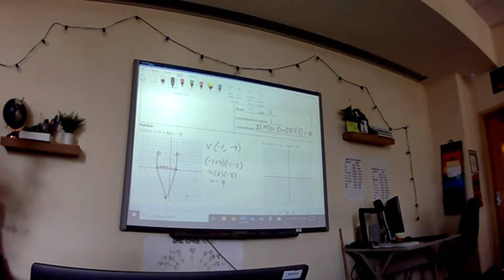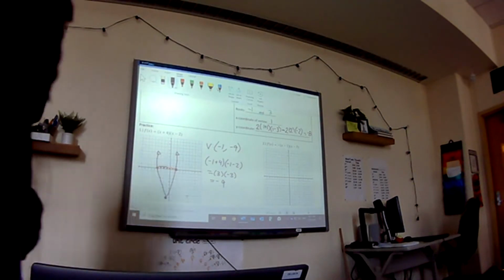Oh, I just meant, in this case, it happened to be 2 because these two points are 4 apart. But the vertex is always gonna be exactly between the two points. You know what I mean? So in your case, since you're 2 apart, exactly how close.